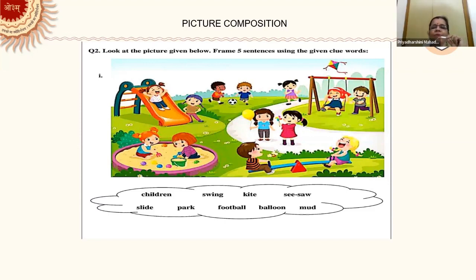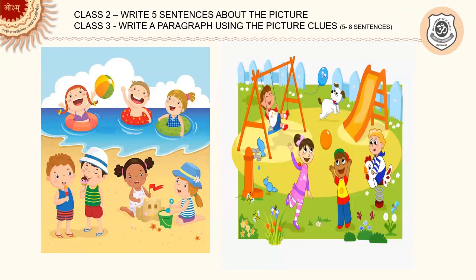Excellent. So you can give pictures like this where the child will be able to write a lot of sentences. Then let us move on to the next picture. Here you can see the picture of a beach.